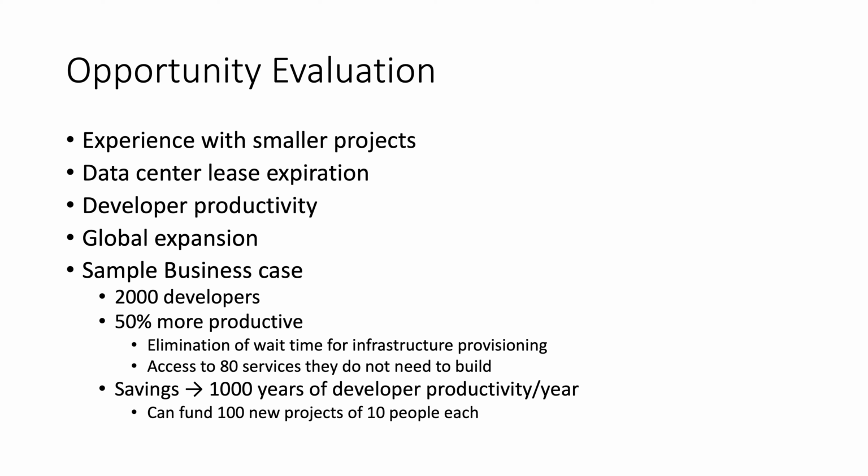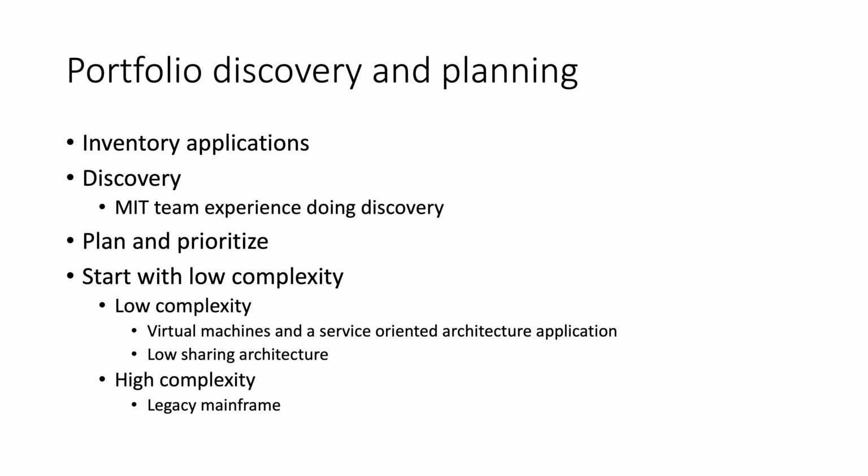You can translate that, as you can see here in this case, to 1,000 years of developer productivity, and you can imagine how many more projects you could pursue, how many more explorations you could do. So this is certainly something that would be attractive, and it's a type of use case that you can easily uncover, and we'll make some references to many of them.